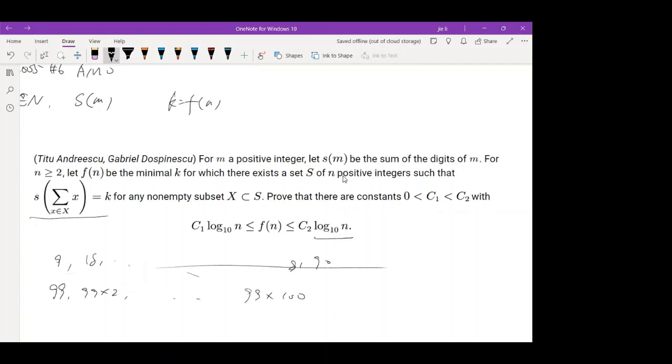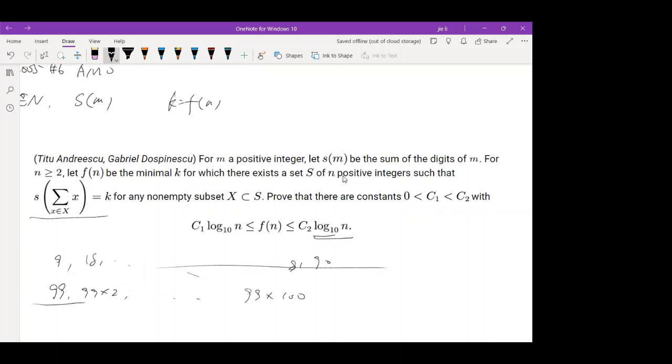So follow this same idea. Because here we are dealing with log base 10, those 9s seem to be pretty reasonable, right?